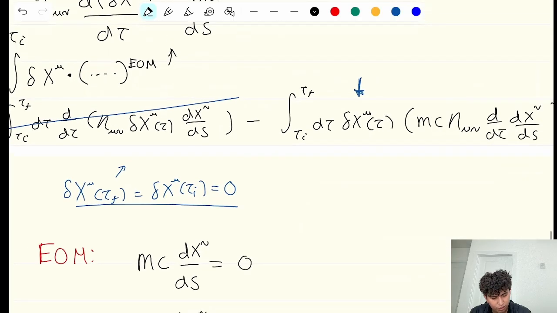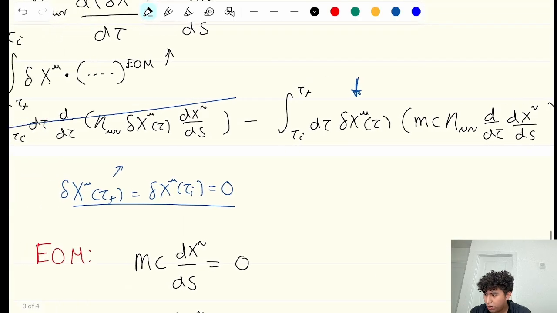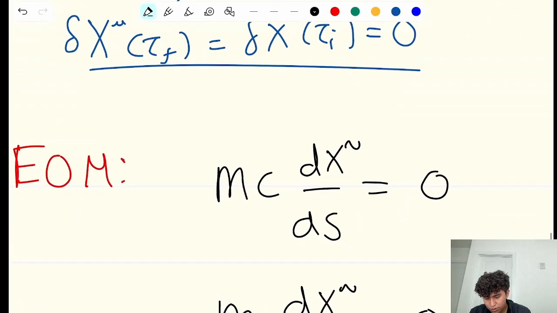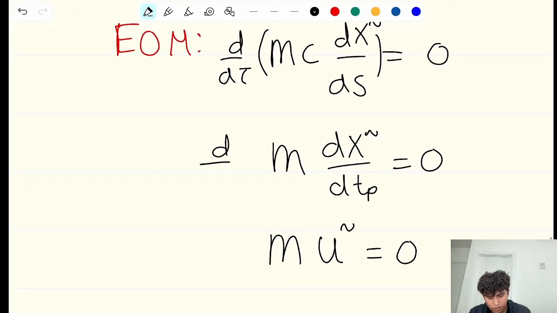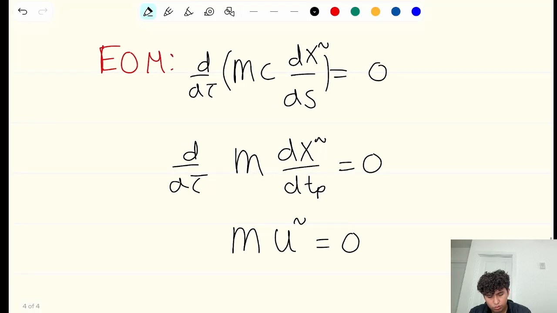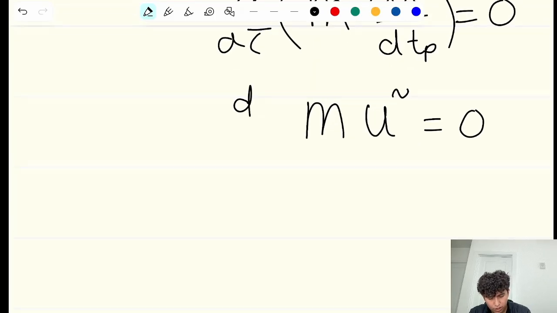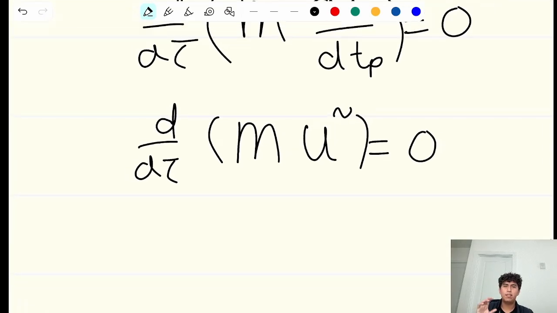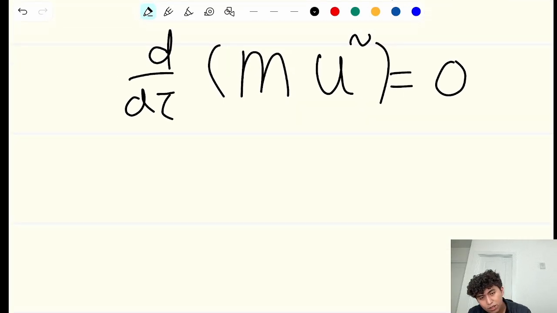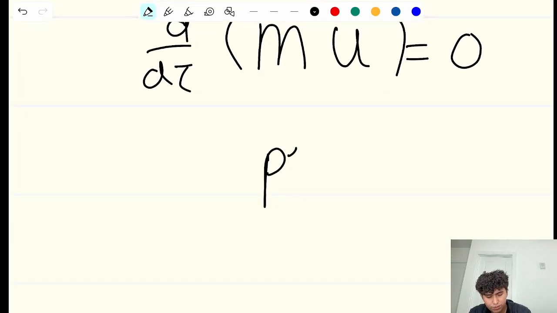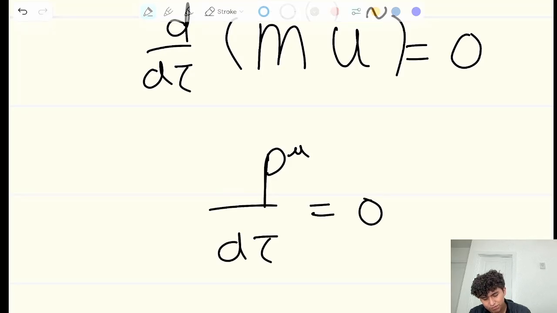Wait, I forgot. Okay, I almost forgot to include this derivative. There's our derivative in front here. Okay. So if you remember from our previous lecture, m times four-velocity is just four-momentum.